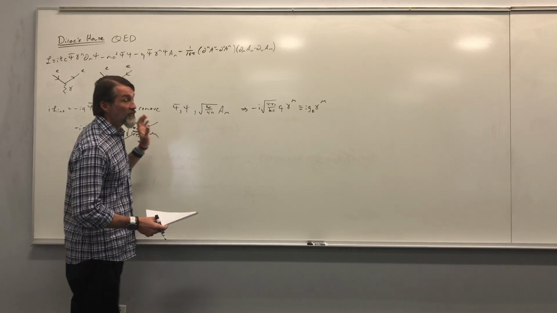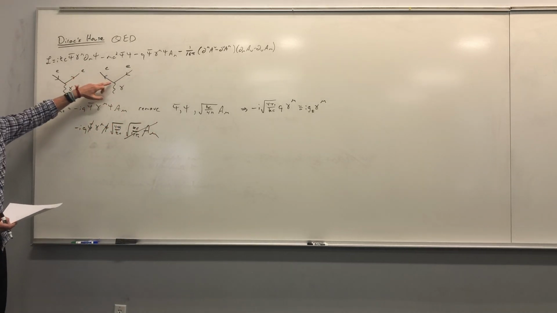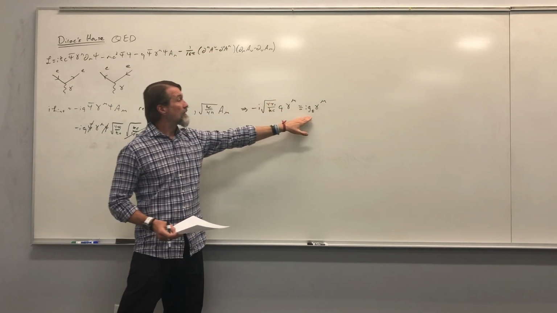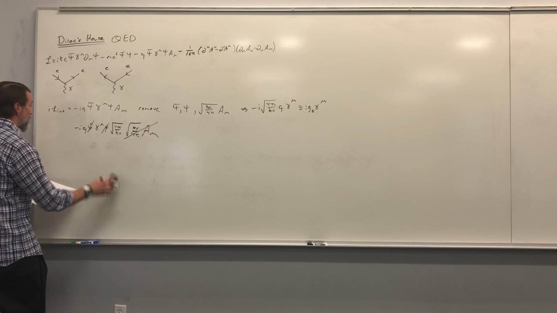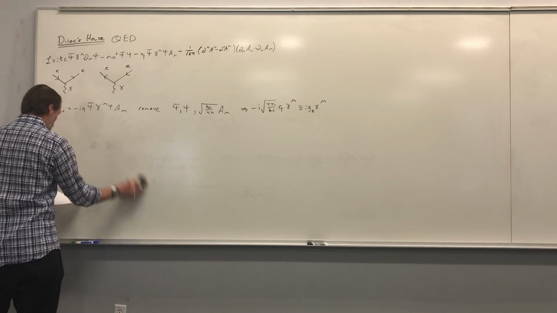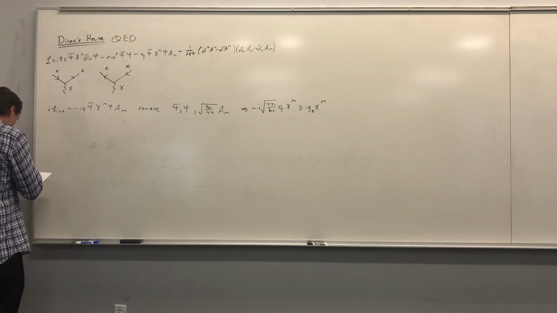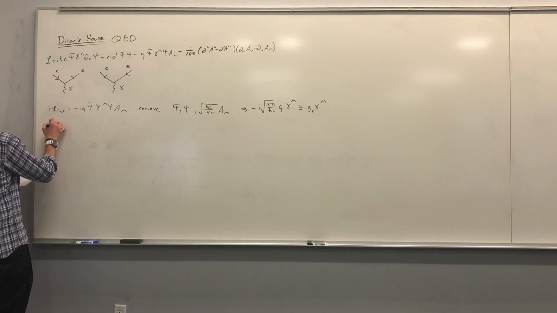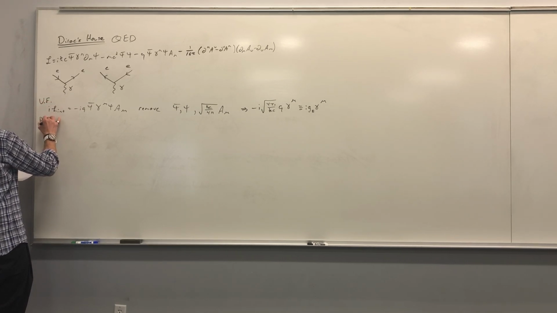So anytime we're trying to evaluate a Feynman diagram with quantum electrodynamics in it, for every vertex, we write down this factor. Now, for the propagators, it's a little bit more of a headache. So these are vertex factors, and then we have propagator factors.